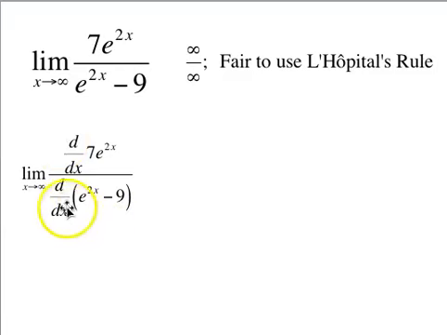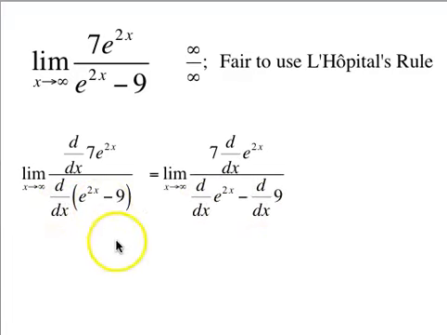On the bottom we have the derivative of e to the 2x minus the derivative of 9, because the derivative of the sum is the sum of the derivatives. Now we're ready to use our rule from the note. The derivative of e to the 2x will be e to the 2x times the derivative of 2x, so e to the 2x times 2. The derivative of 9, the derivative of a constant, is just 0.